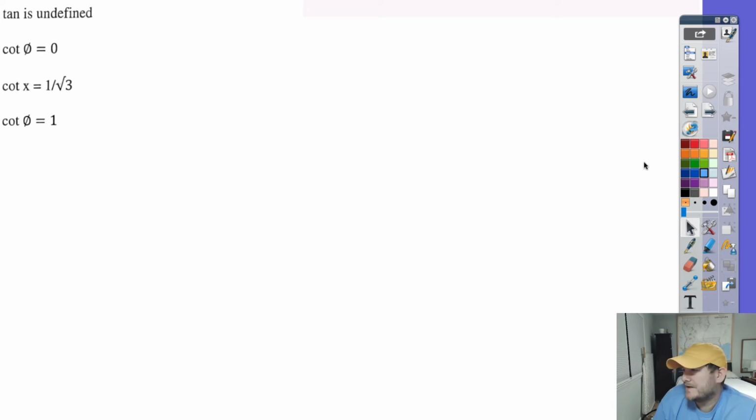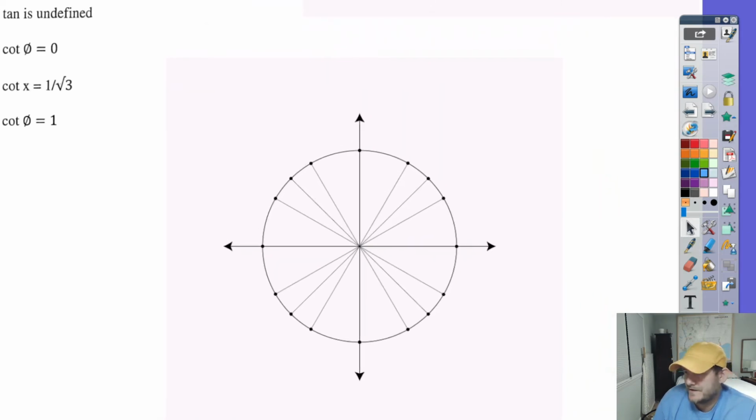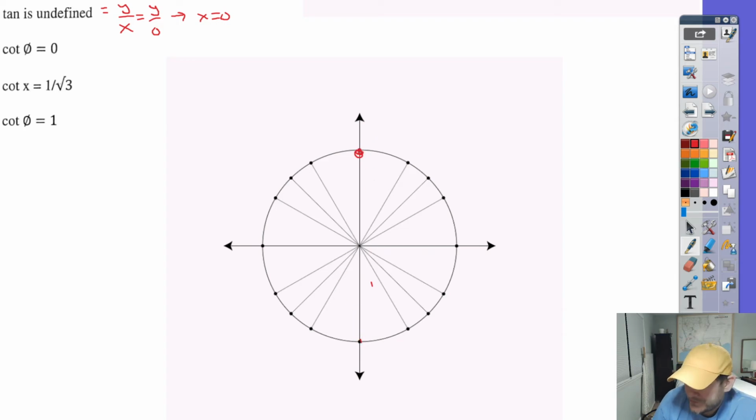46. Where is tangent undefined? This is a good question, so I'm glad I didn't give up. When is tangent going to be undefined? Well, what is tangent? Tangent is y over x. We are undefined when our denominator is 0. So essentially, when x is 0, and x is 0 in those same two positions we were just in. So pi over 2 and 3 pi over 2.